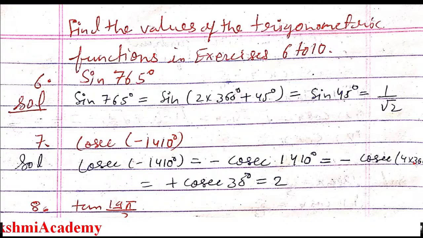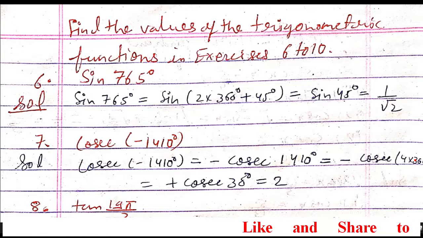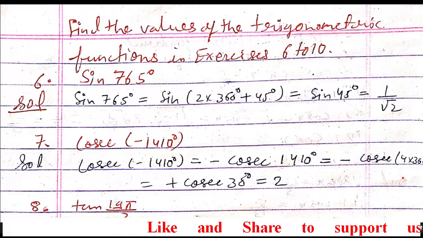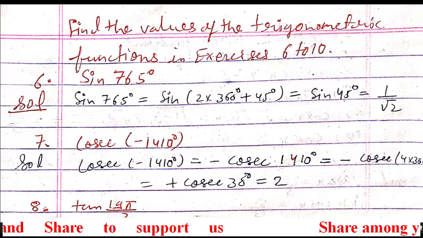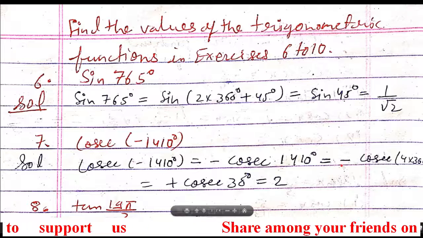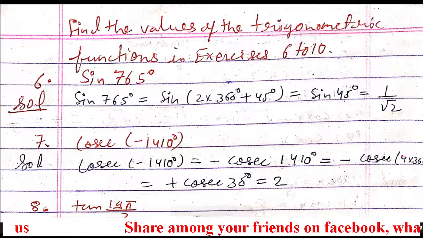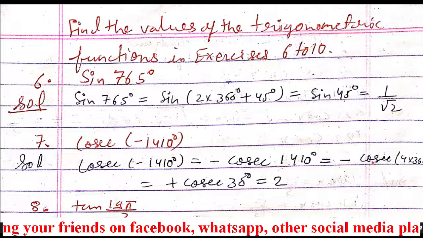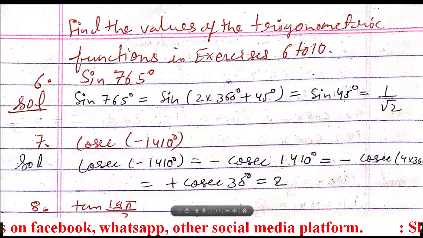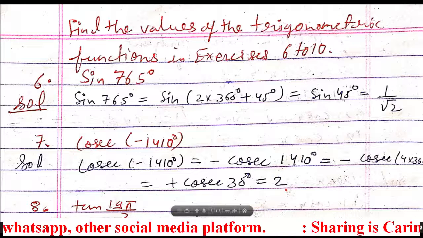Because it's 4 multiplied by 360, and if you do minus theta, then it will move to the fourth quadrant, and in the fourth quadrant it is negative. So that negative and this negative becomes positive here. And since 360 is there, n multiplied by 360 means no change. You do not have to change. That's why cosec remains cosec. So cosec 30 value is 2.